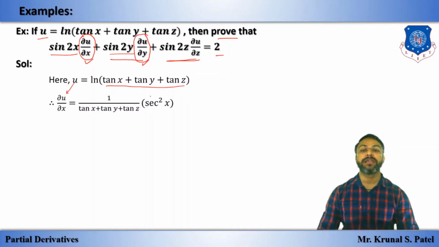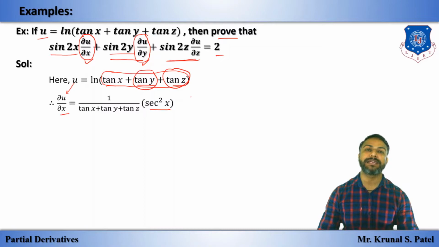And by chain rule, differentiation of tan x plus tan y plus tan z with respect to x will be sec square x only, because we differentiate partially with respect to x, so we treat y and z as constants. So differentiation of tan y and tan z will be 0, and differentiation of tan x we know is sec square x. Now we multiply sin 2x on both sides.